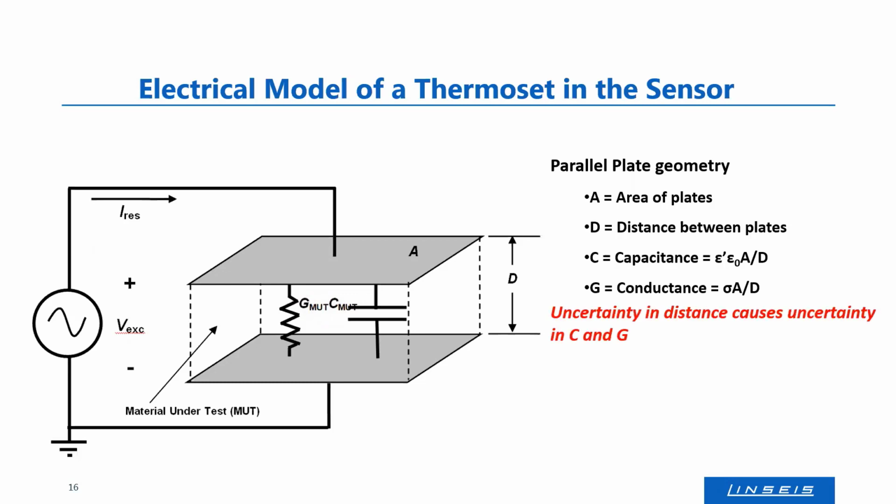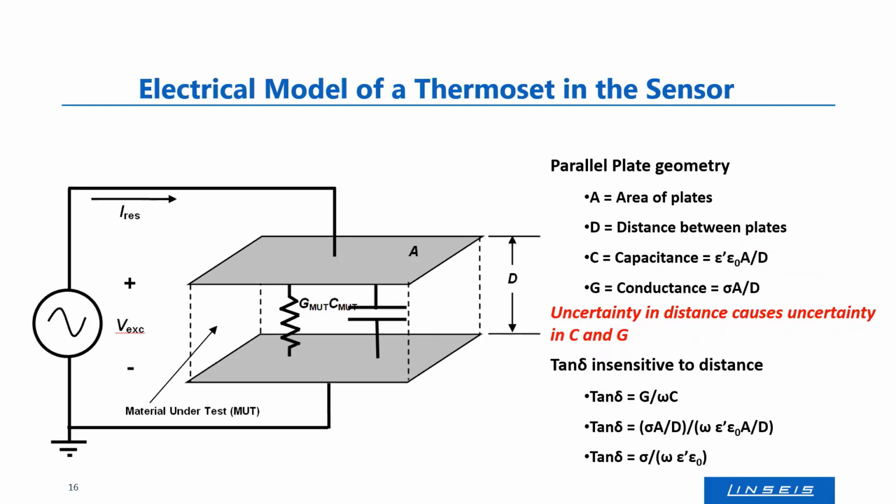With that setup of a capacitance, we have the problem that the distance D might change. Your sample is in between these electrodes, and if your sample is shrinking or expanding, then the A/D ratio is changing, and this causes uncertainty in the measurement of the permittivity and the conductivity.